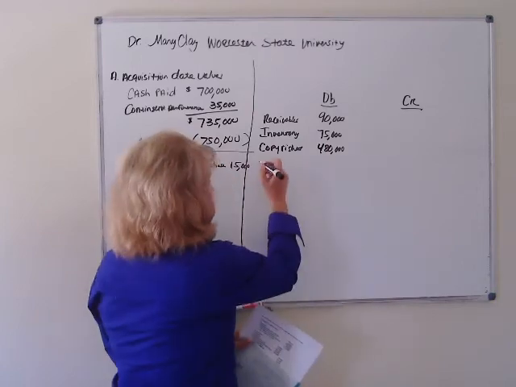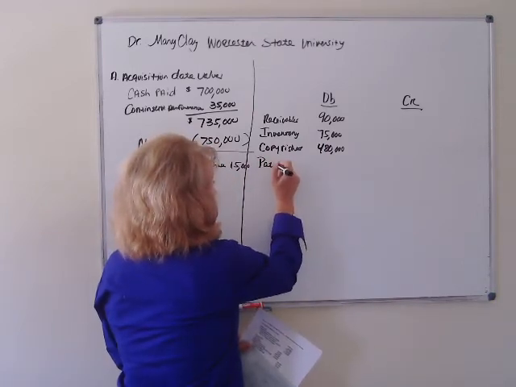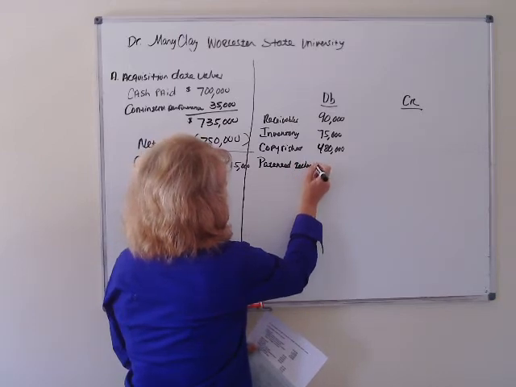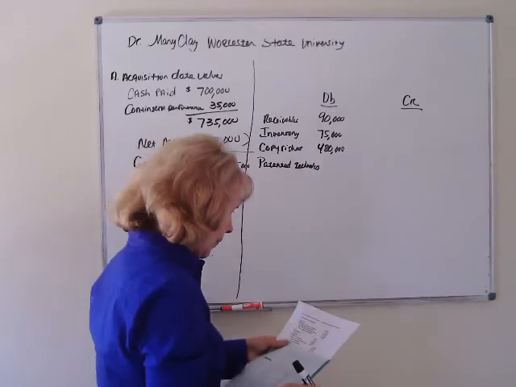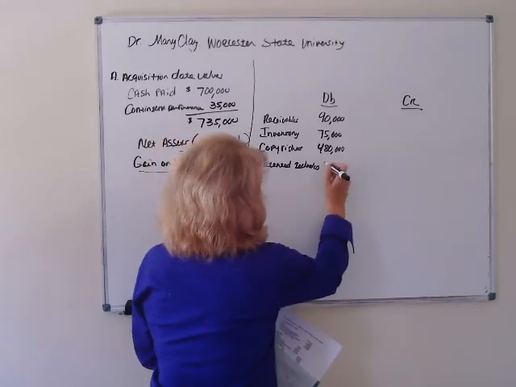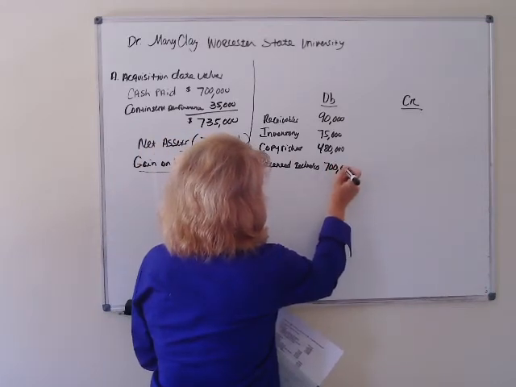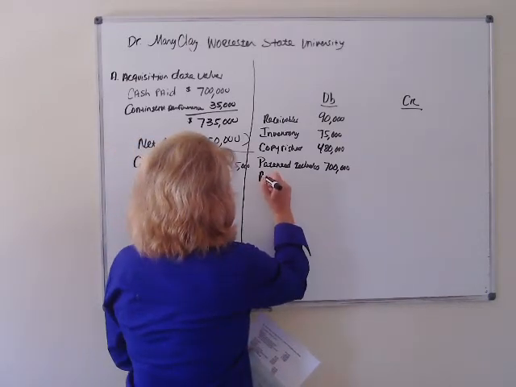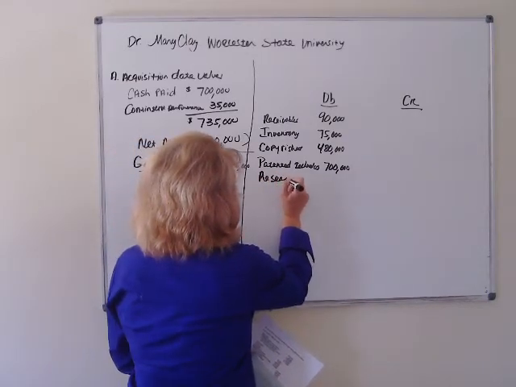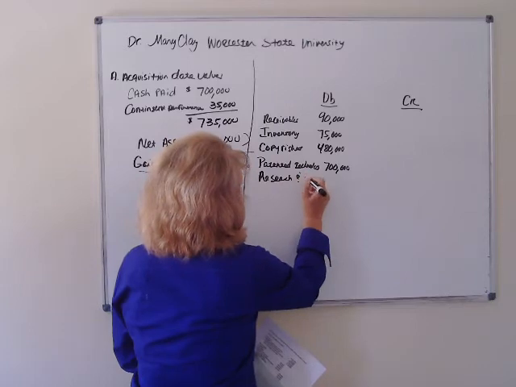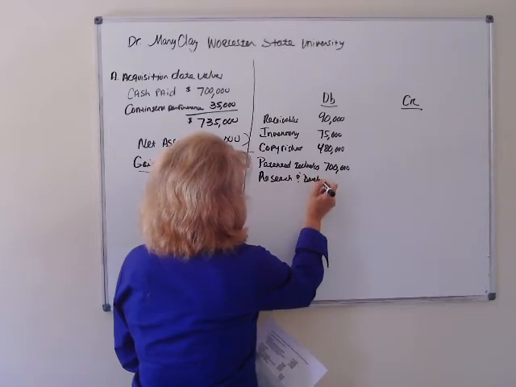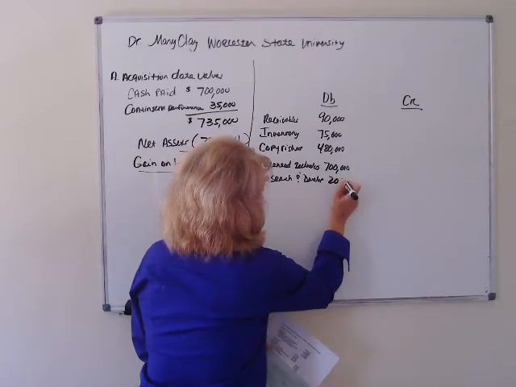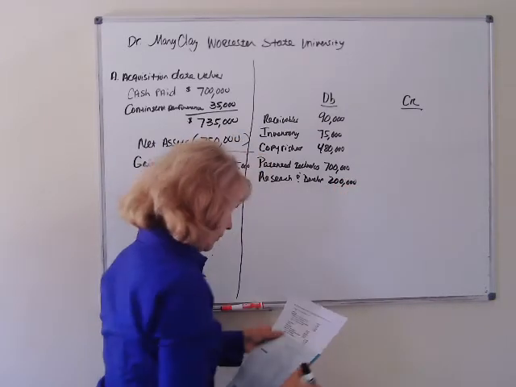Next, I have patented technology. And that is 700,000. Next, I have research and development. And that is 200,000. Debit. All right.